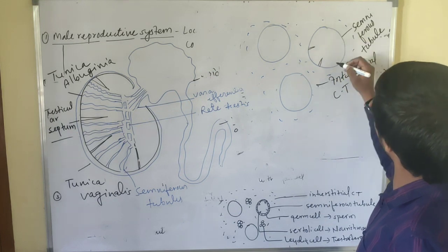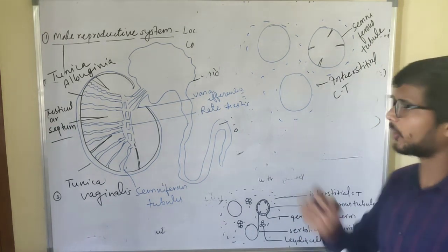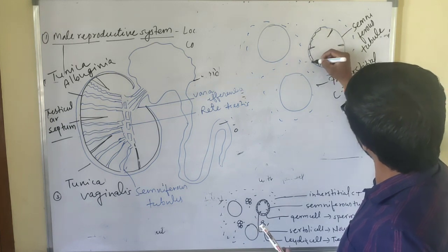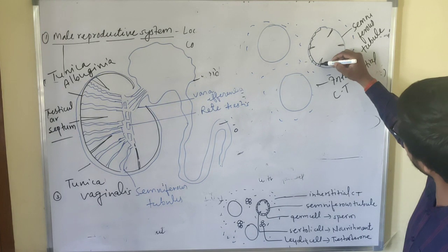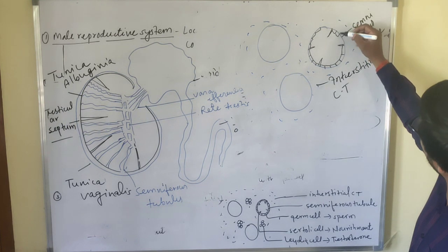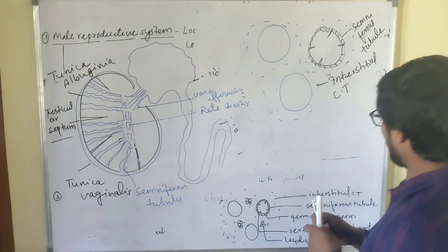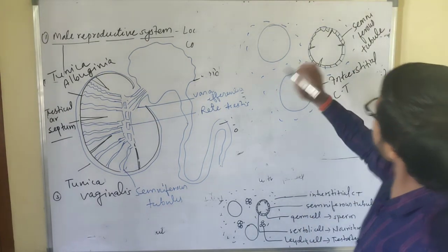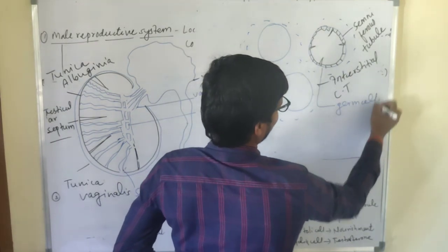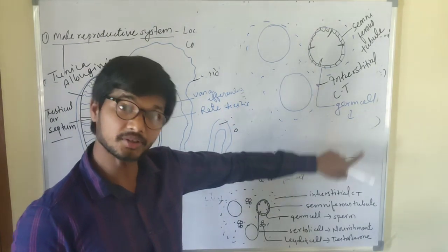One is cuboidal, so we can say these are the cuboidal cells. These cuboidal cells are also known as germ cells, and these germ cells will later undergo the process of spermatogenesis and will produce sperm.